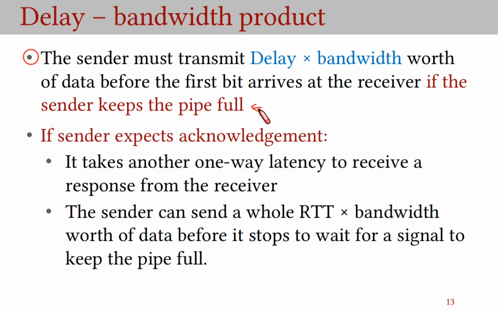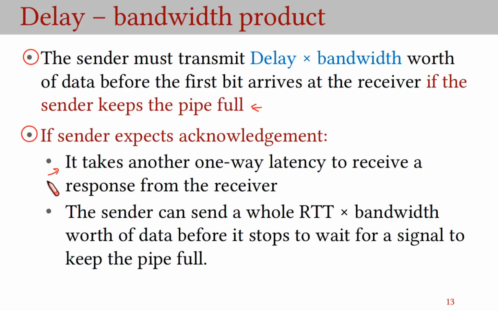In some cases, the sender waits for a signal from the receiver that the receiver is receiving the data. In this case, it takes another one-way latency to receive a response from the receiver. In other words, the delay is now equal to 1 round-trip time.